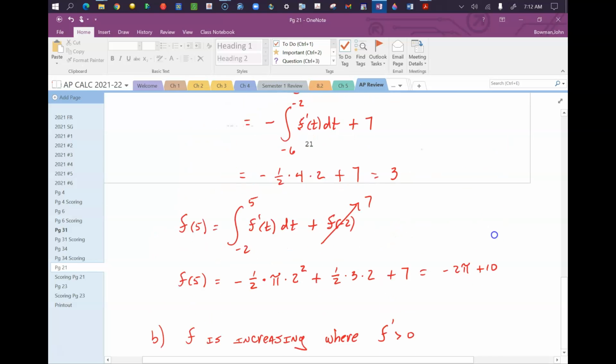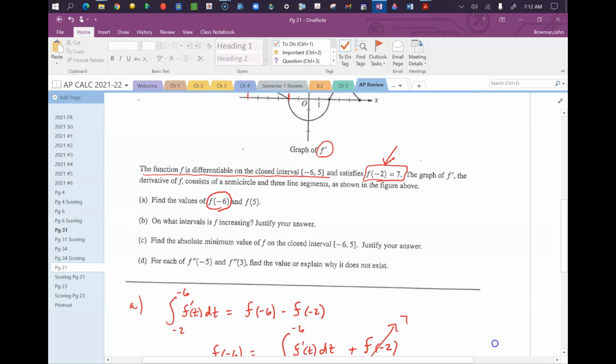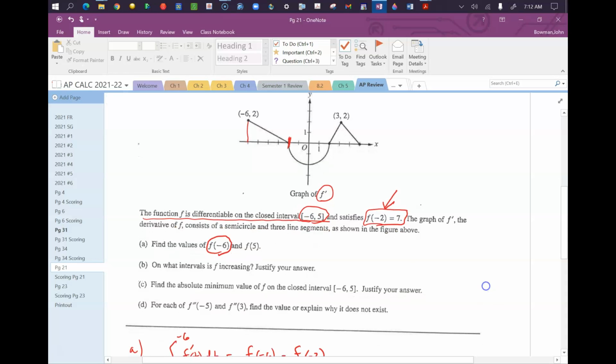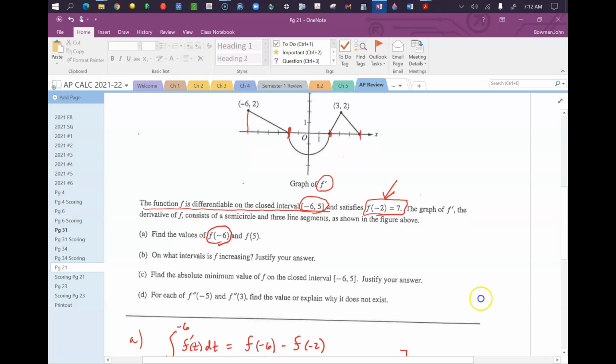And you can verify that that is true on the interval from -6. Remember, we're including the endpoints here. So from -6 to -2, not including -2, and from 2 to +5, not including 5.